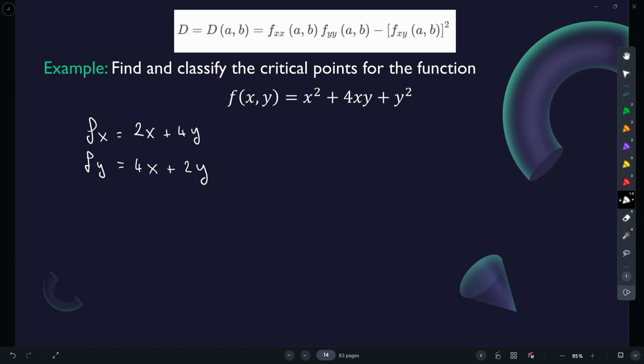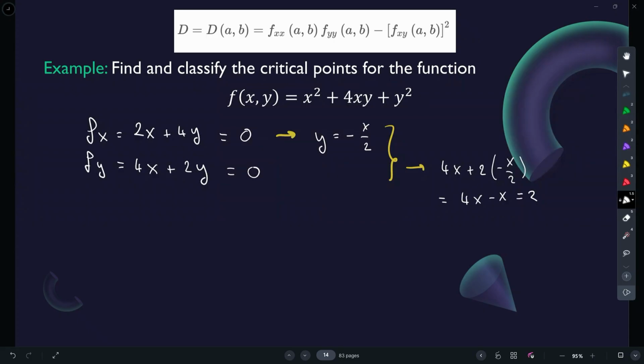Okay, so now I want to know when these two things vanish at the same time. From the first equation, what I get is that y would be minus 2x divided by 4, so minus x divided by 2. And then if I plug that y into the second equation, I'm going to get 4x plus 2 times minus x divided by 2. That is going to be 4x minus x, it's 3x.